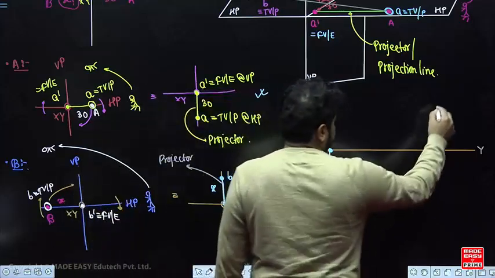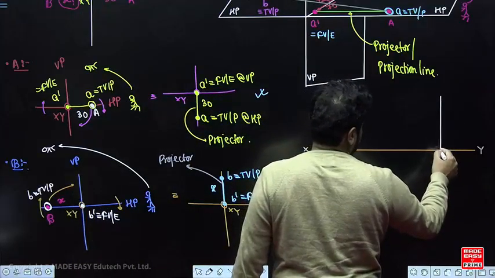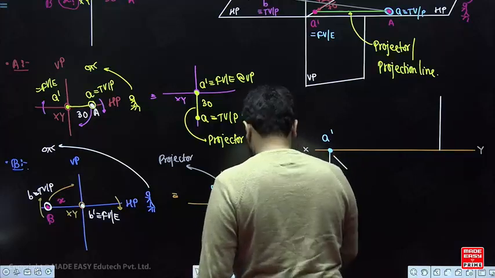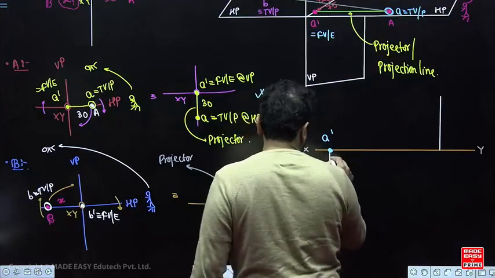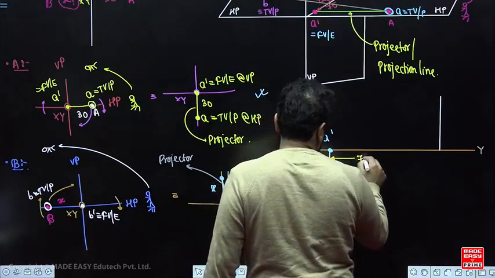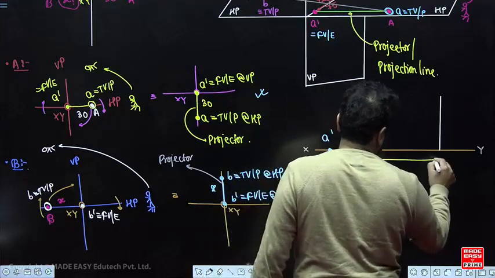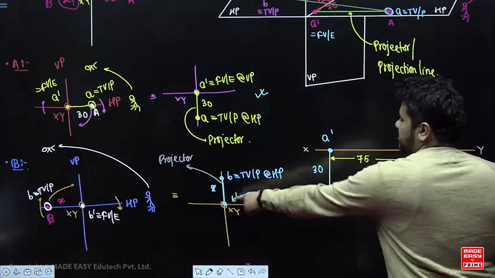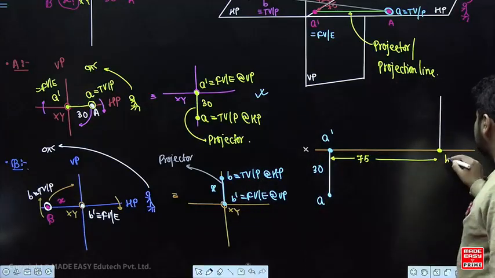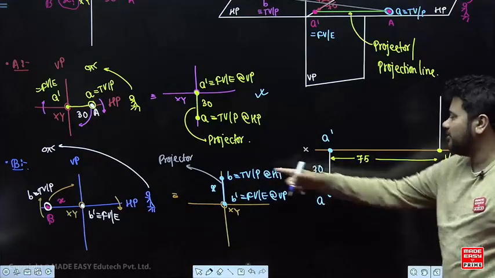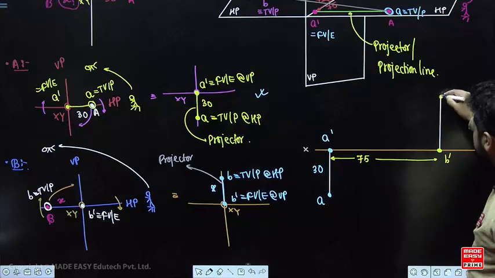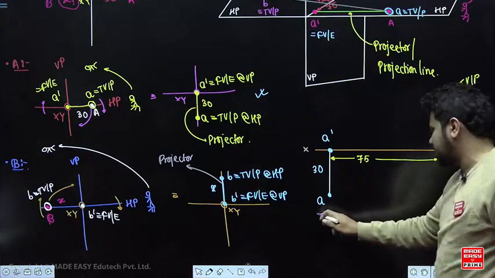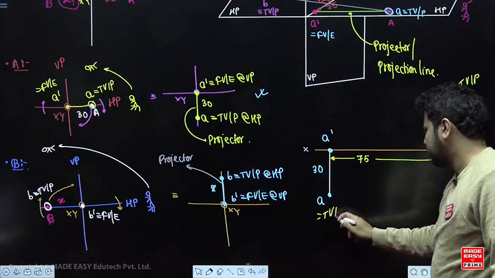After 75 millimeter, that means from here to 75 mm distance, my another point is there. So this point is B dash on the xy line, and B is above xy, so this is your B, correct? So this is the top view or plan, and this A is nothing but the top view or plan.